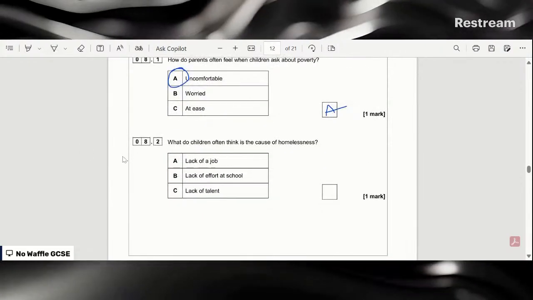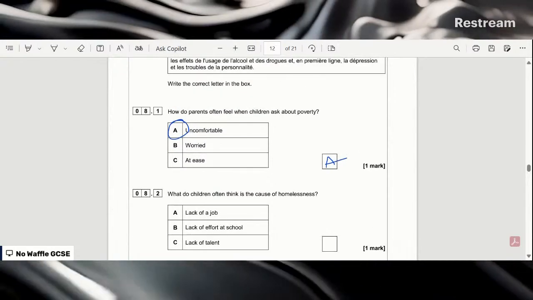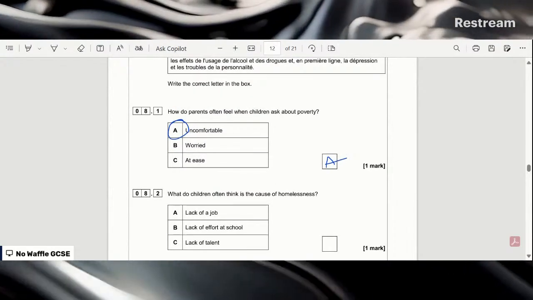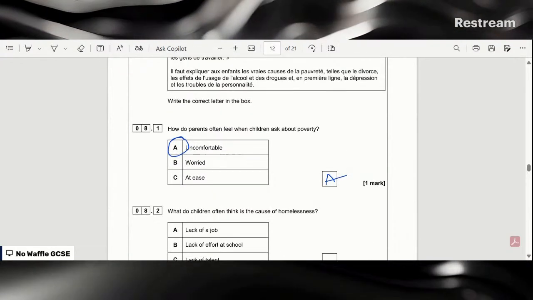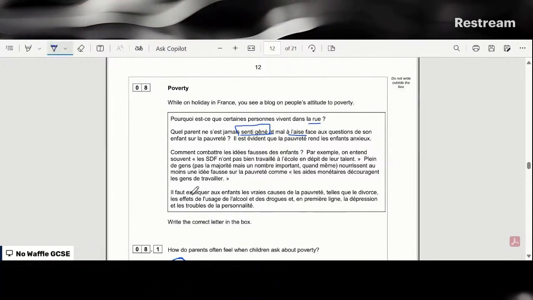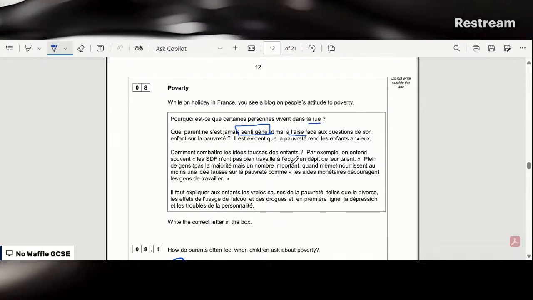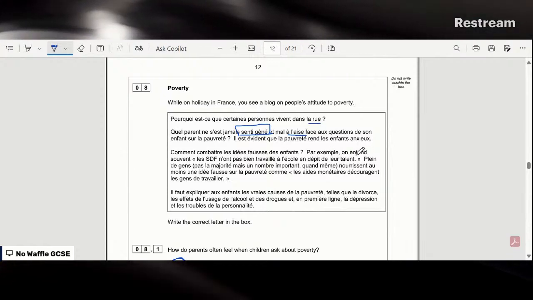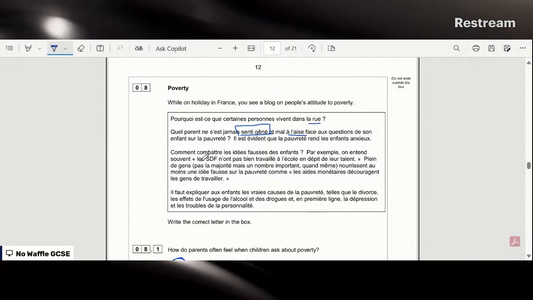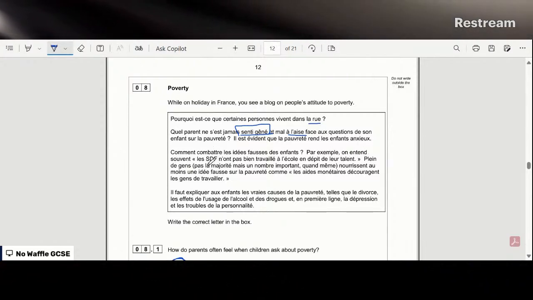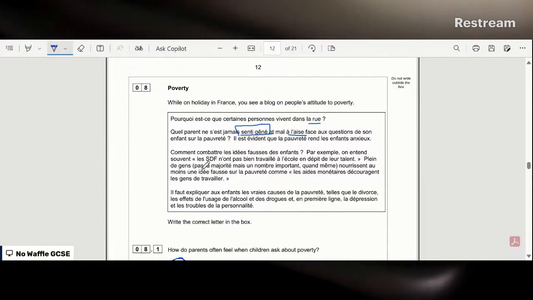What do children often think is the cause of homelessness? Is it the lack of a job, lack of effort at school, or lack of talent? So going through this, we can see, par exemple, on entend souvent le SDF, which is just the people without homes.